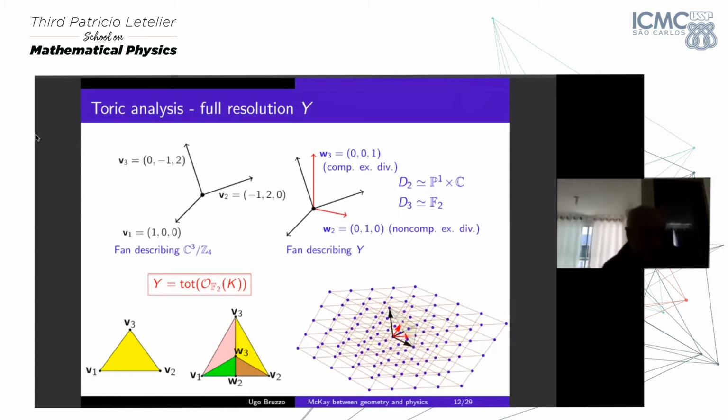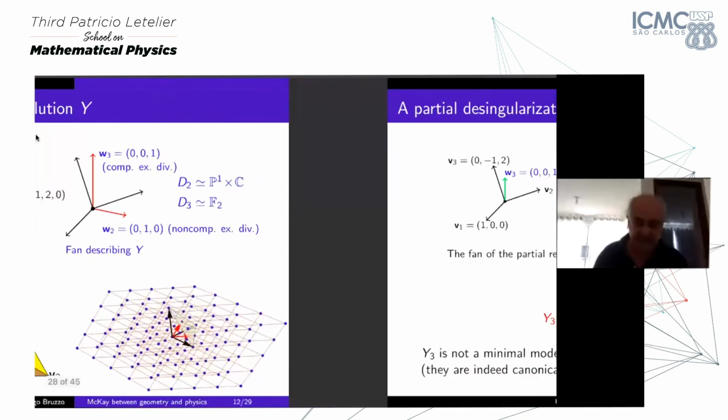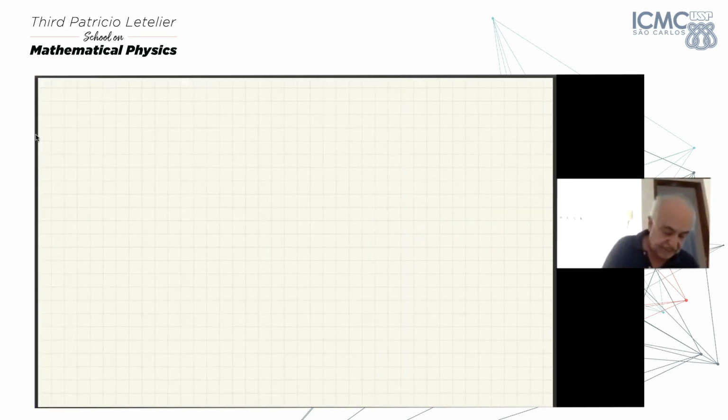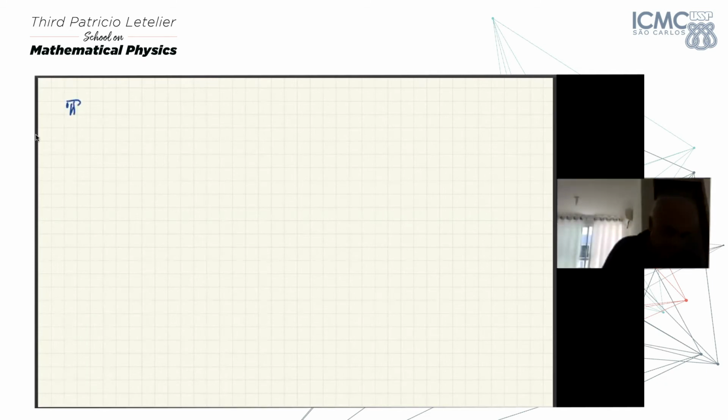The fact that it is toric means that there is an action of the standard torus. We have the standard three-dimensional torus, which is the product of three copies, with torus in the sense of algebraic geometry.